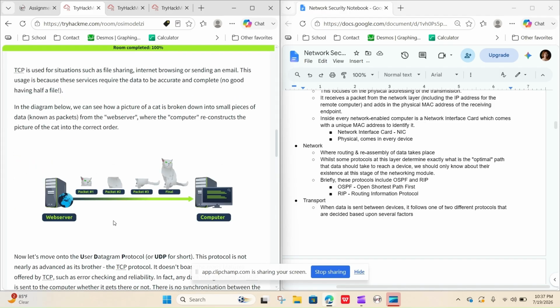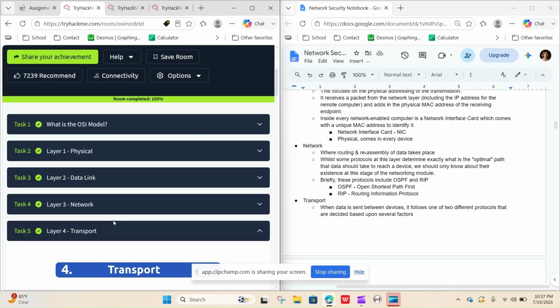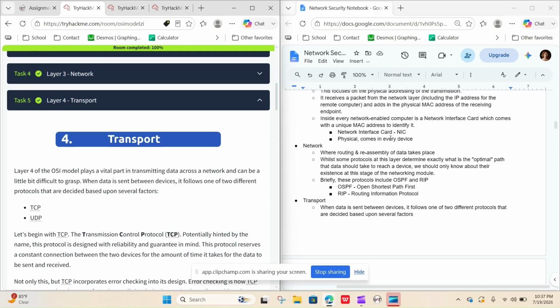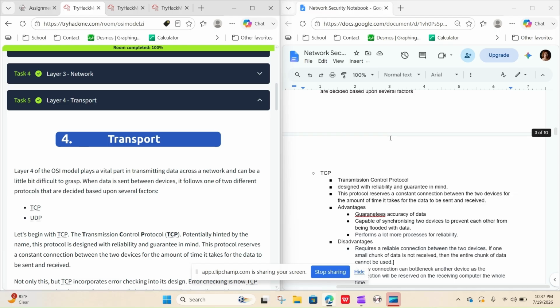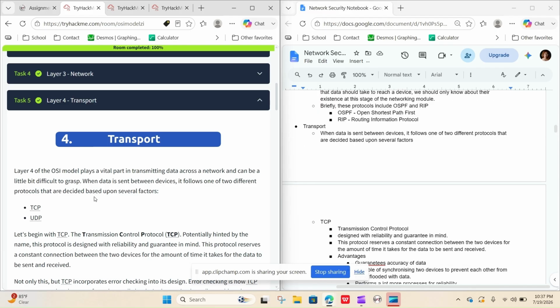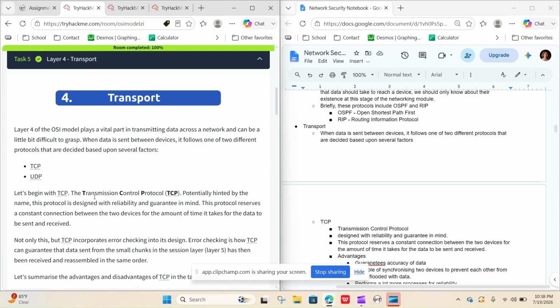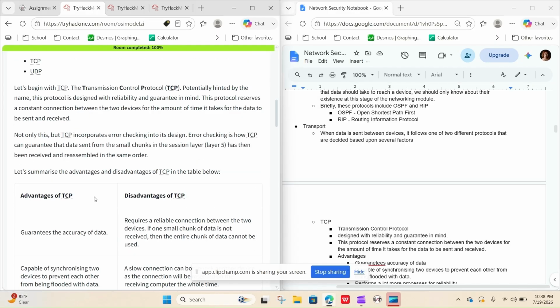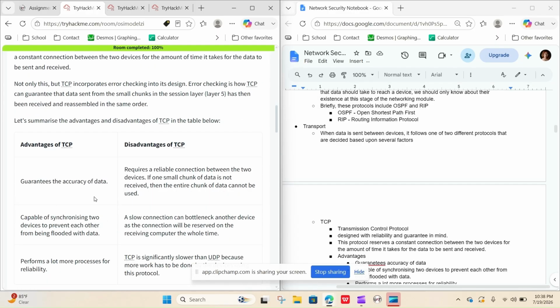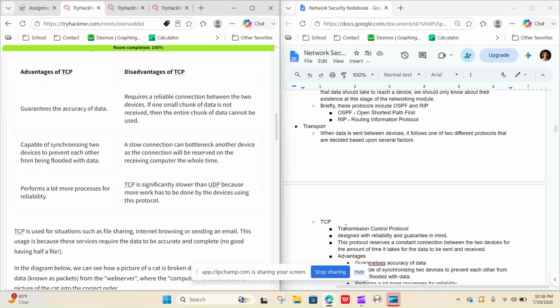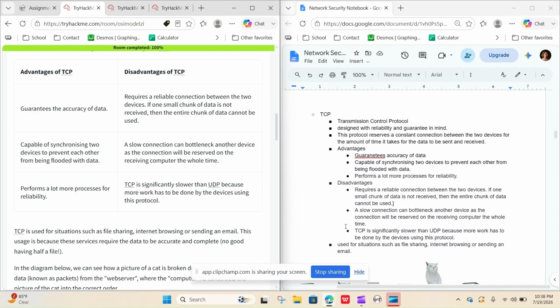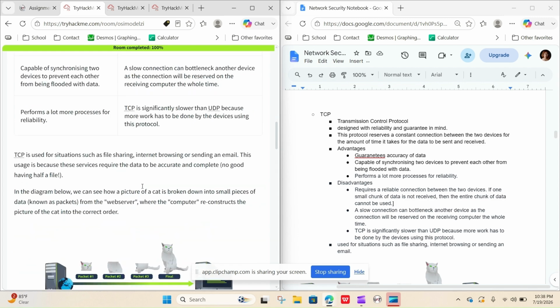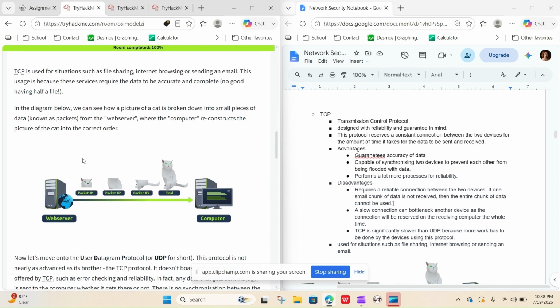In the transport layer, we got into a bit heavier of a note point. Transport is where the data is sent between devices and follows one of 2 different protocols, those are decided upon several different factors. You go over the advantages and disadvantages of Transmission Control Protocol, also known as TCP, and those are sent through several packets to get a complete final.